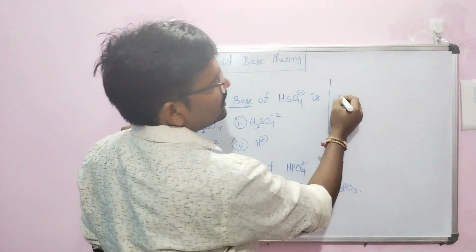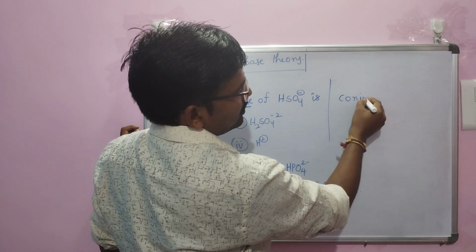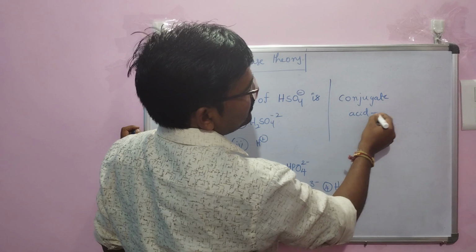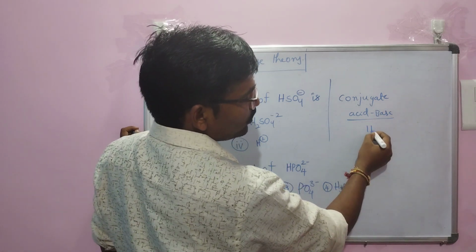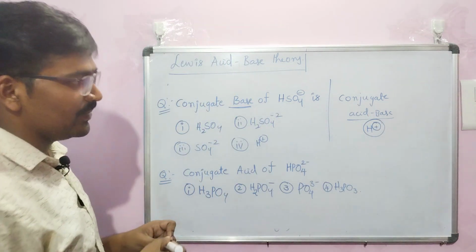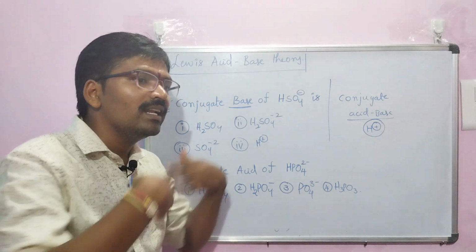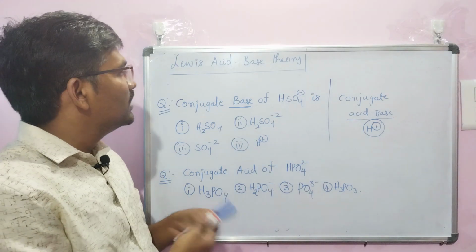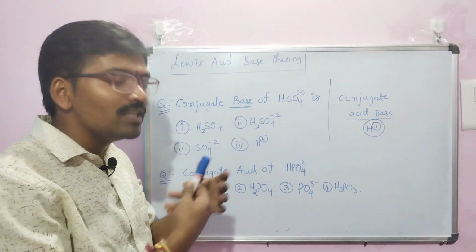Remember that a conjugate acid and base differ by only one H plus ion. An acid can donate H plus ions, a base can accept. So the base is required, which accepts the H plus ions.